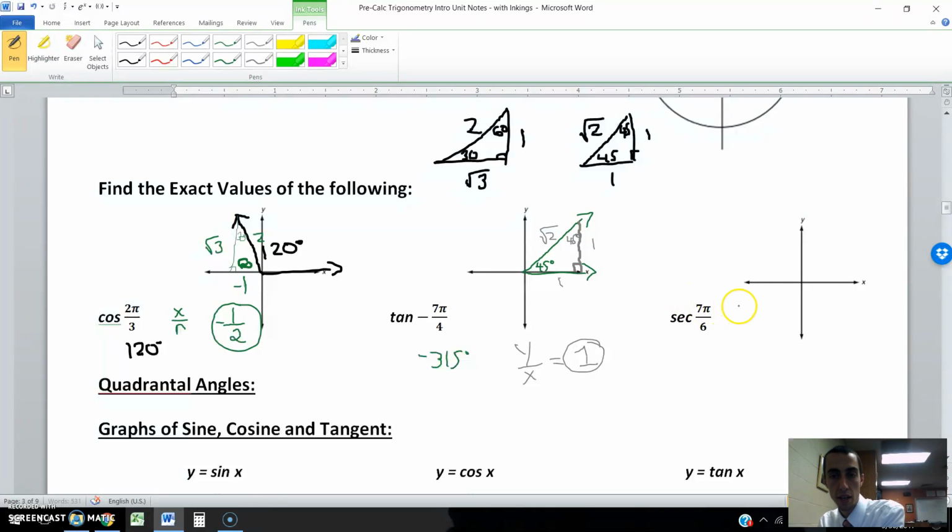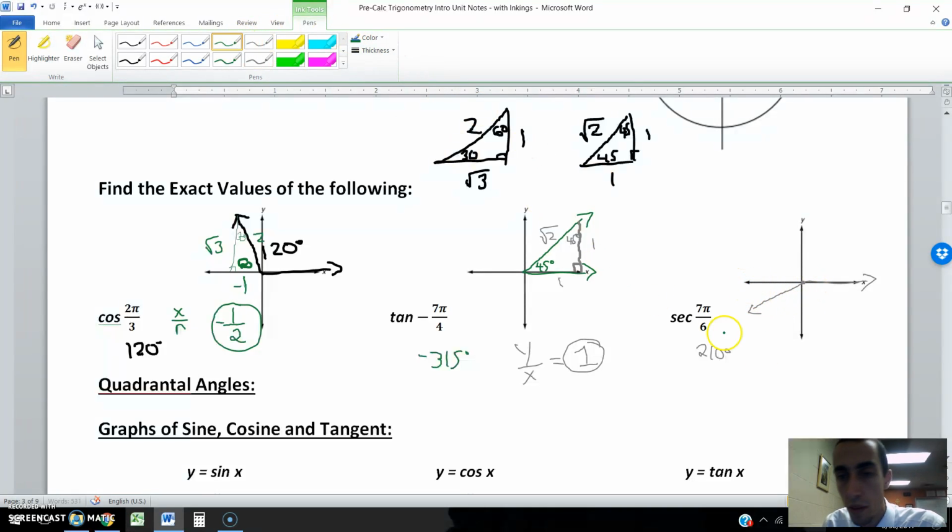Last, the secant of 7 pi over 6. So we'll start at, again, the positive x-axis. That's where our initial side is. Terminal side, we'll go 210 degrees in a counterclockwise fashion. So we go past 90, past 180. We go 30 degrees past 180 to get our 210 degree angle.